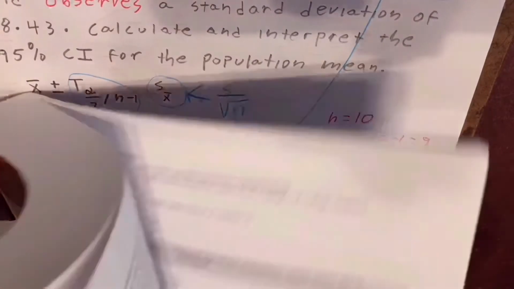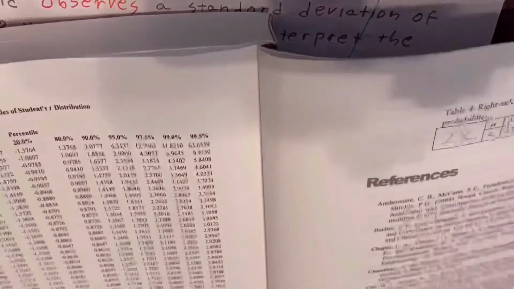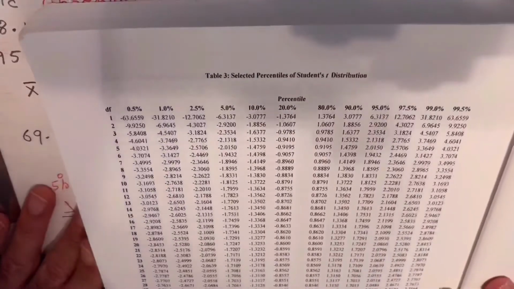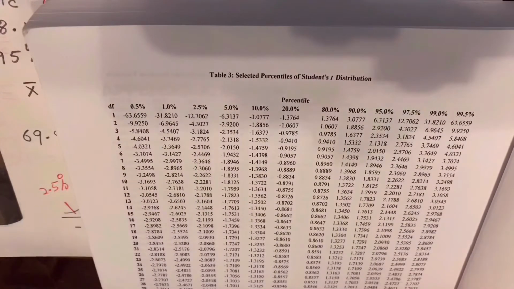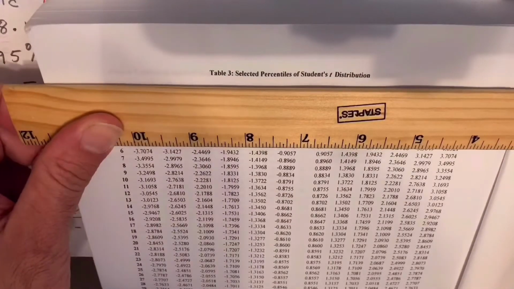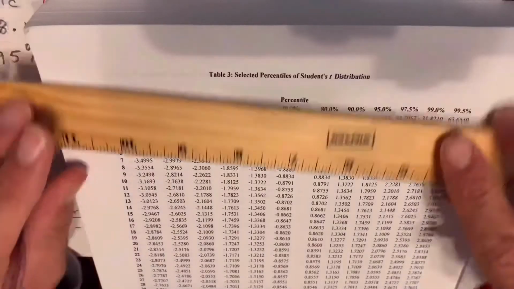So here I have a little book, which I'm going to turn to the back to where the table is. And I want you to see over here that this table says selected percentiles of Student's t distribution. And we have 9 degrees of freedom.